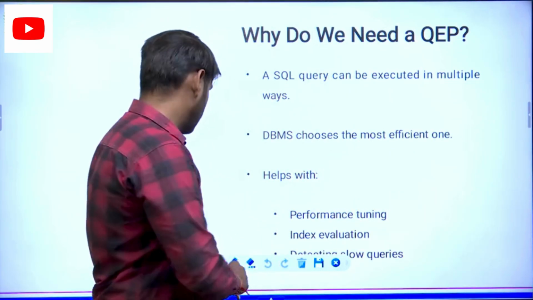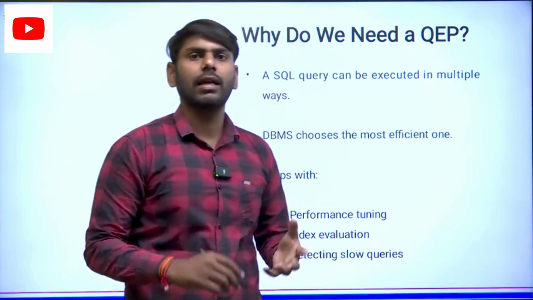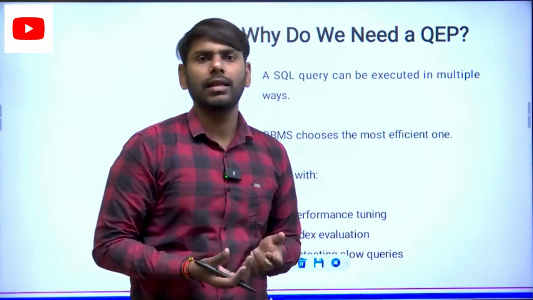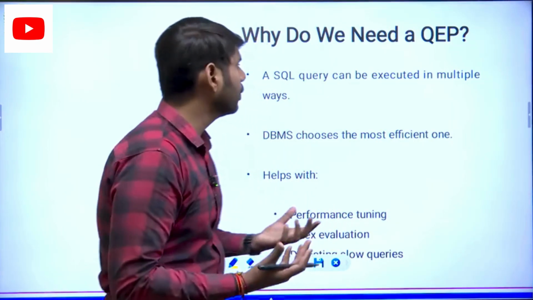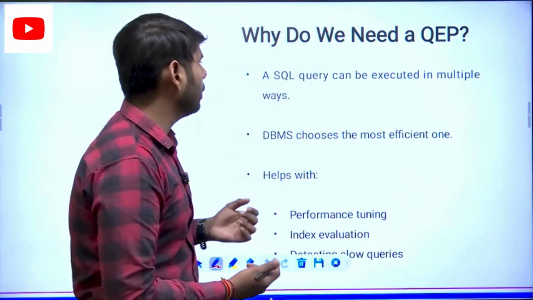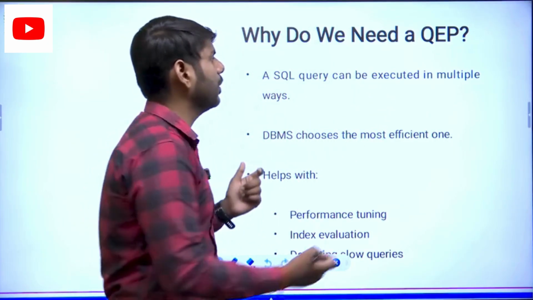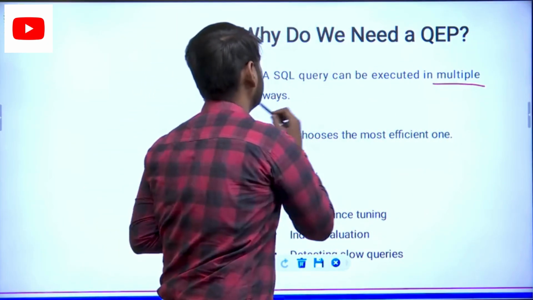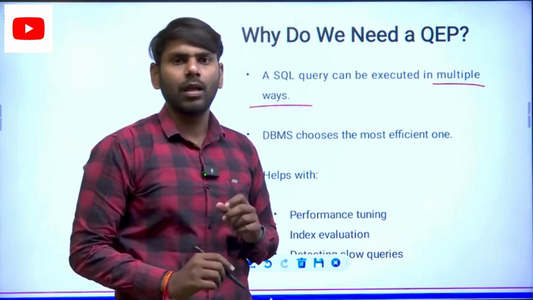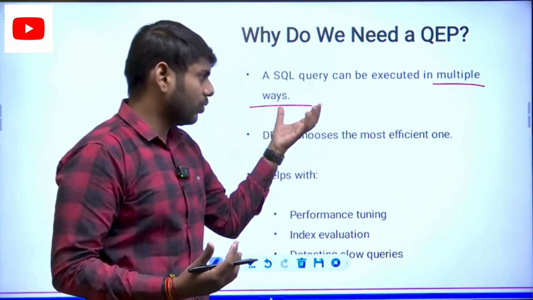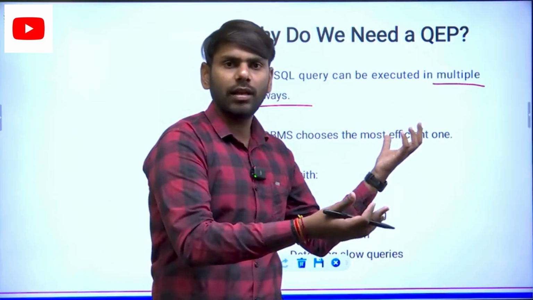As you know, we create multiple plans, and from those plans we select the best and most efficient one. So why do we need the QEP? Because an SQL query can be executed in multiple ways, but one can be more efficient than another.